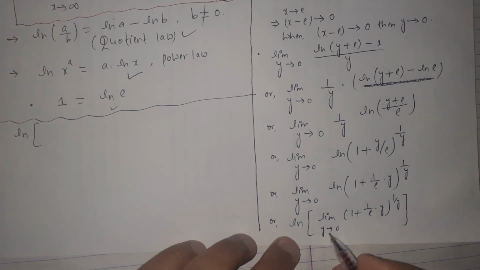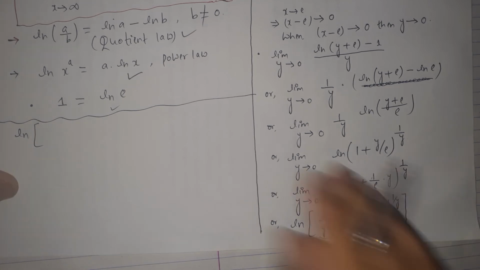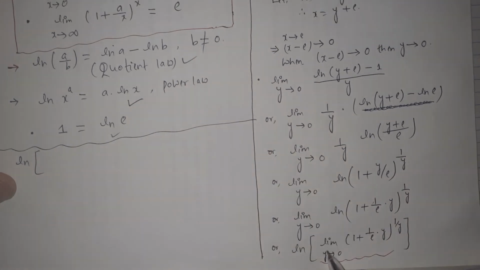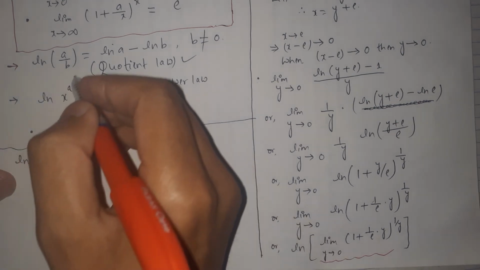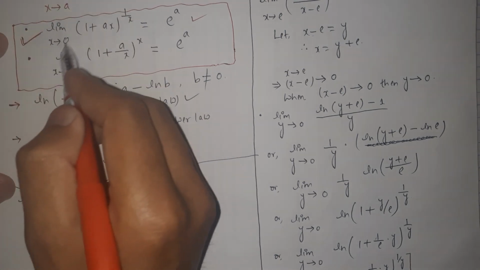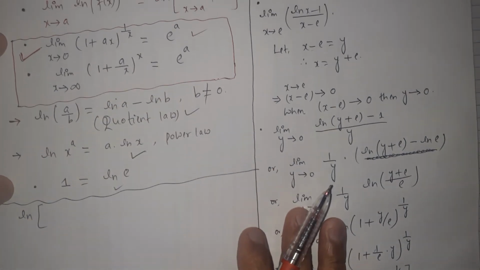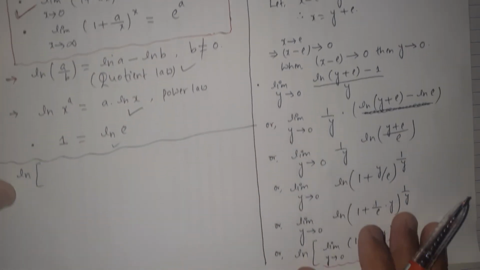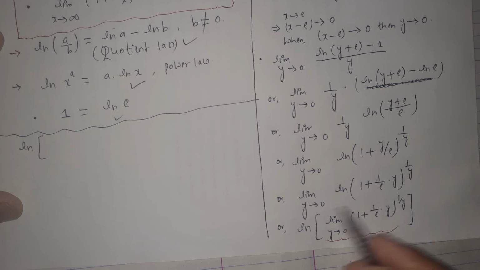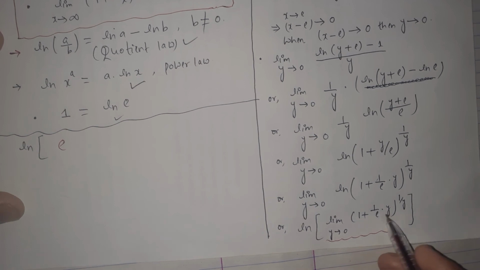Inside the ln, this expression looks like the case where the variable approaches 0, so we have to use this formula. Let's use this formula. This can be written as ln of e to the power of the coefficient of the variable.